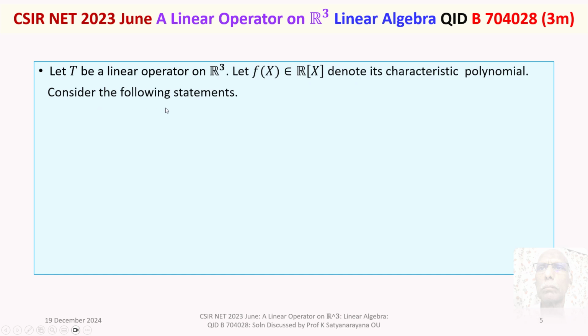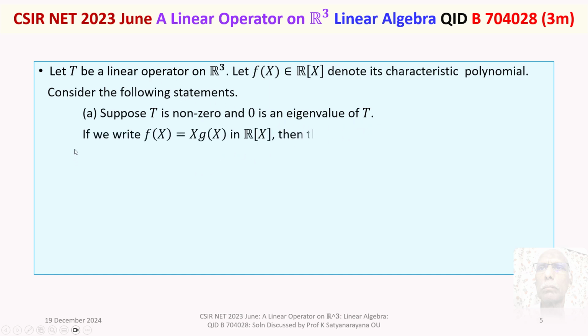Consider the following statements. Statement A. Suppose T is a non-zero linear operator and 0 is an eigenvalue of T. If we write f of x is equal to x multiplied by g of x in R bracket x, then the linear operator g of T is 0.